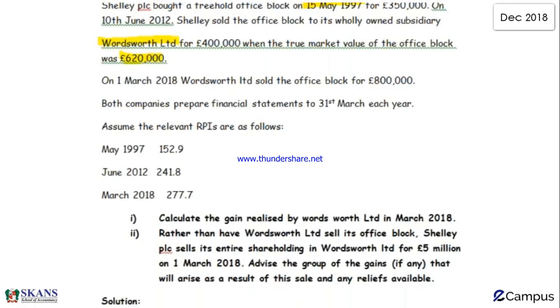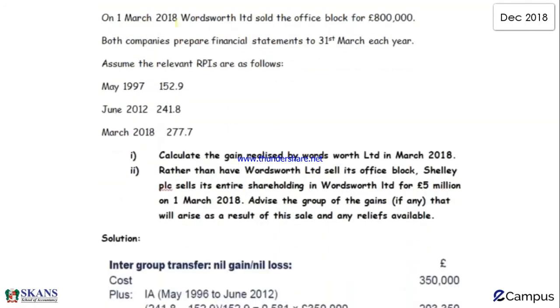On 1st March 2018, Wordsworth Limited sold the office block for 800,000. Both companies prepare financial statements to 31st March each year. Assume the retail price index as follows. Calculate the gain realized by Wordsworth Limited in March 2018.